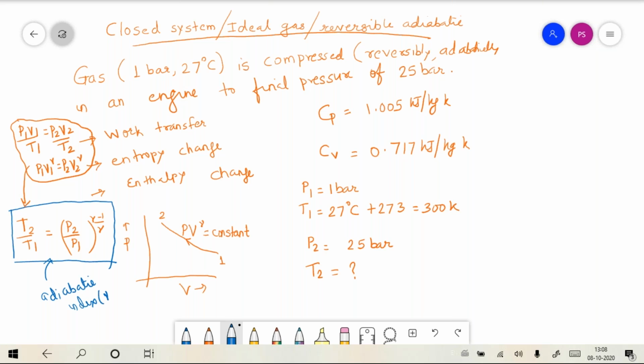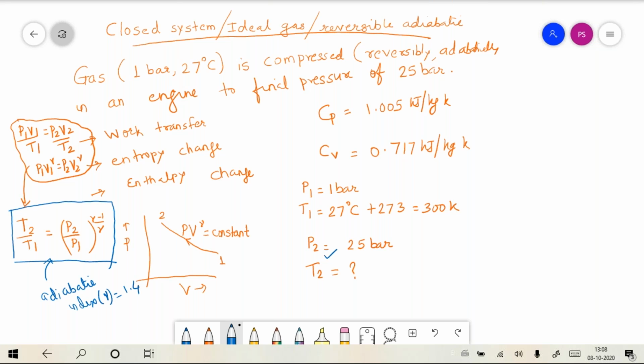And why are we finding temperature T2? Because we are interested in finding the work transfer. So any answers? How will you solve this? T2 will be equal to T1 into P2 by P1 raised to gamma minus 1 upon gamma.